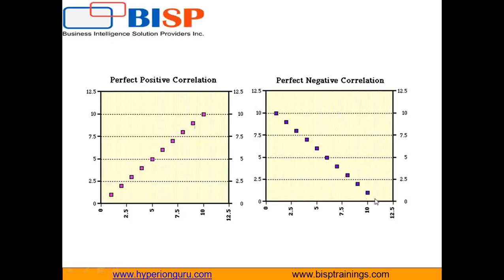And if the line goes from a high value on the y-axis down to a high value on the x-axis, then the variables have a negative correlation. A perfect correlation is given by the value of 1. A perfect negative correlation is given by the value of -1. If there is absolutely no correlation, the value given is 0.